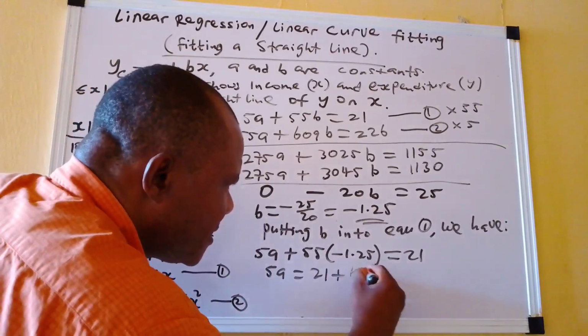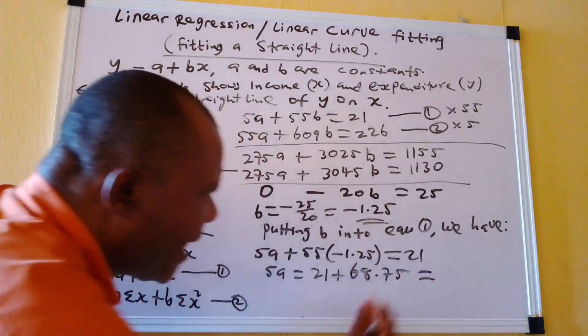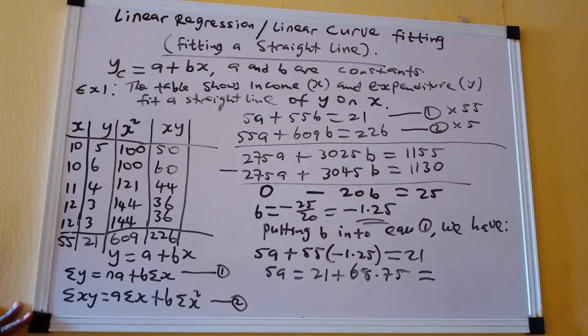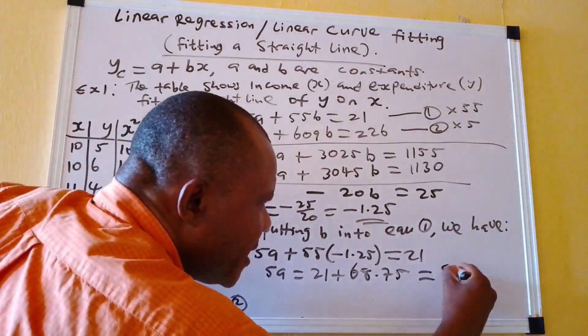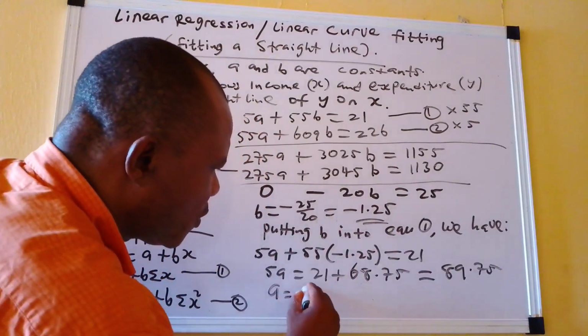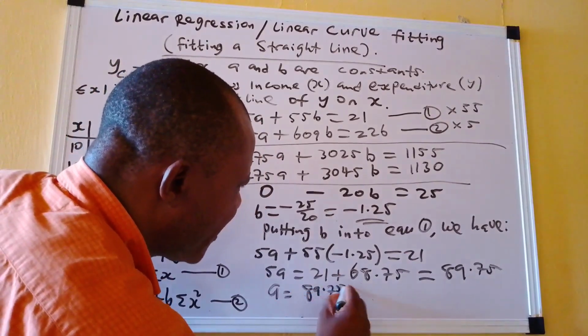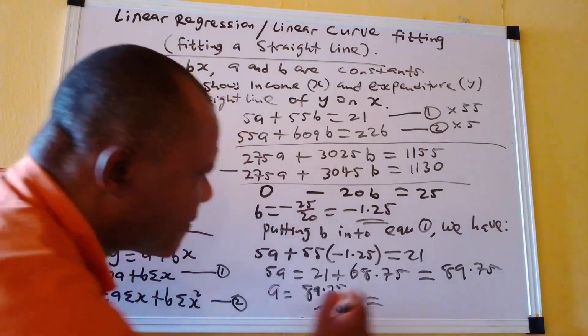Plus 68.75. And when you add that together, 21 plus 68.75 gives you 89.75. So A alone will be equal to 89.75 divided by 5.